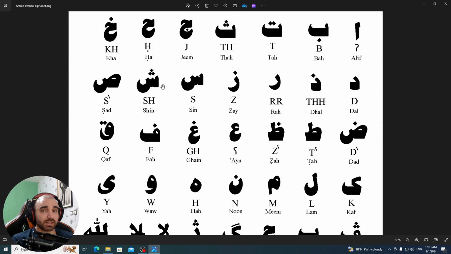The sound is Sh in English, but we call it Shin. Next one, again, is S. This is another way of spelling s. In some words, we have to use this s, and it's called sod. But the way that we say it, the pronunciation would just be s.